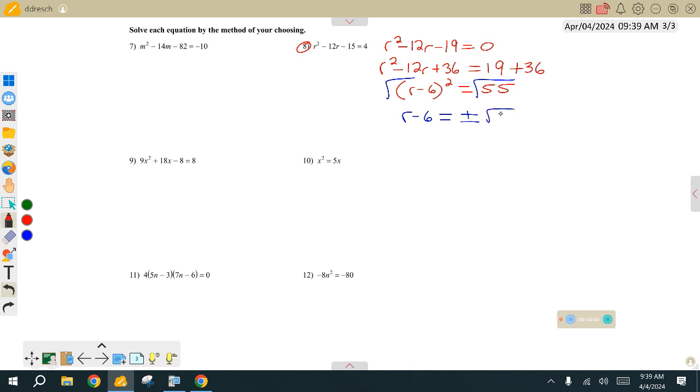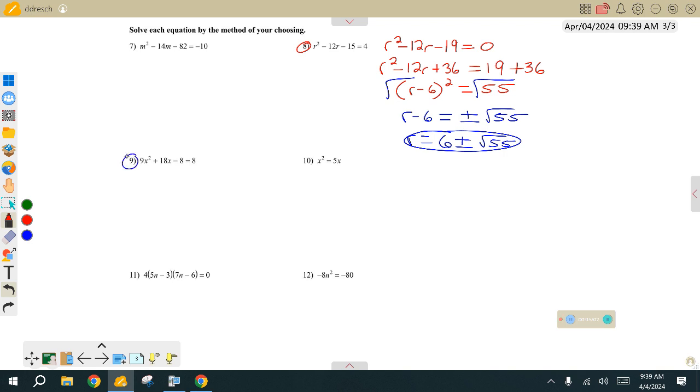Square root of 55. So r = 6 plus or minus square root of 55. Okay? So I'm going to look for multiple choice answers that would have that on there. Okay? All right. Let's go do another one.